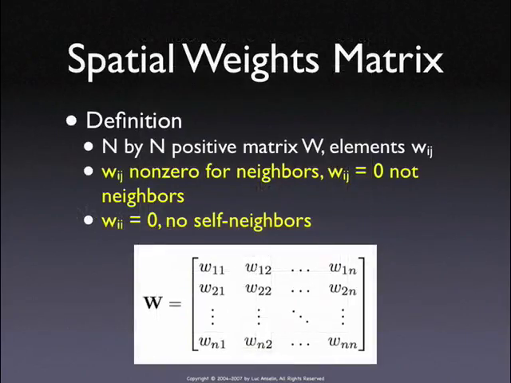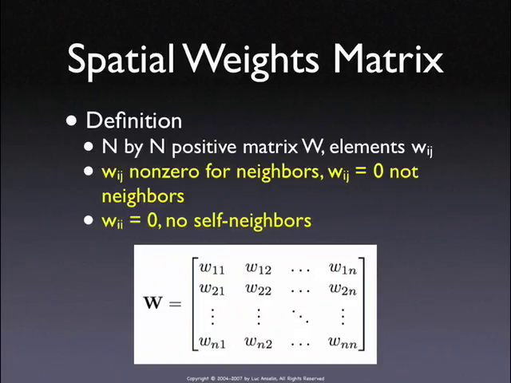A square matrix of the dimensions of the data set. So if we have n observations, then for each of these n observations, we have n possible neighbors. Each observation becomes a row element in the matrix. Let's say location 1, then every other one, 1, 2, 3, up to n, is a possible neighbor of 1.